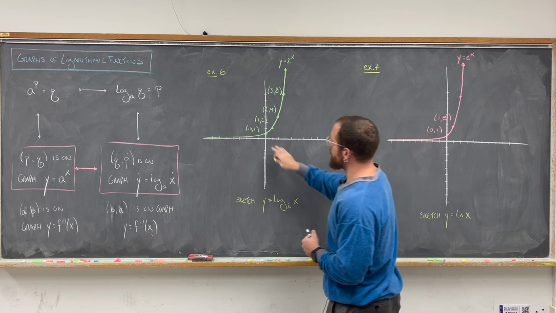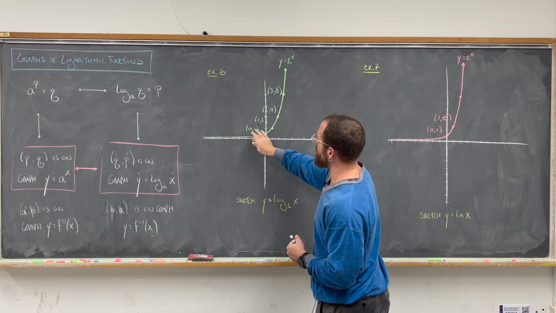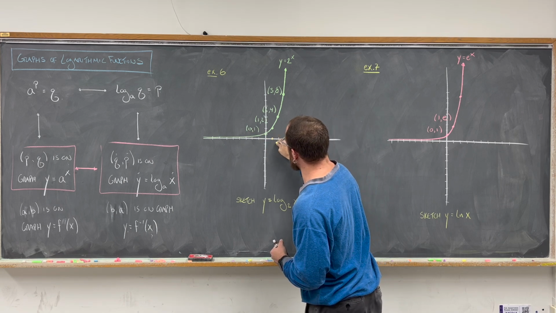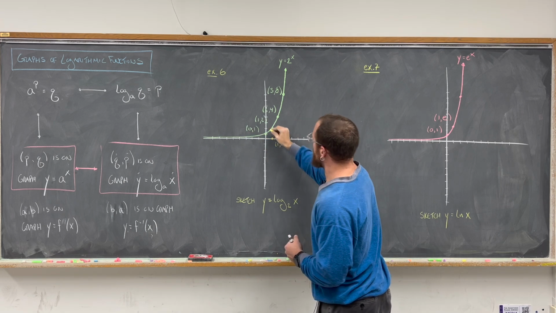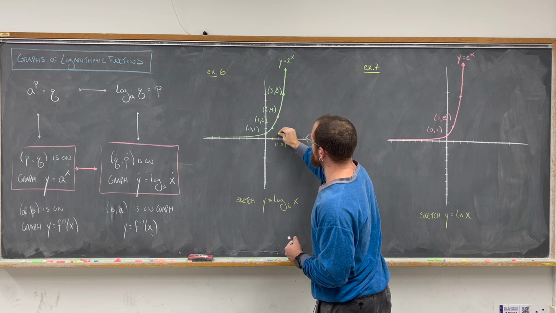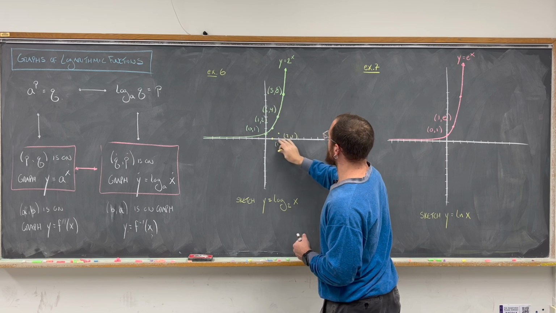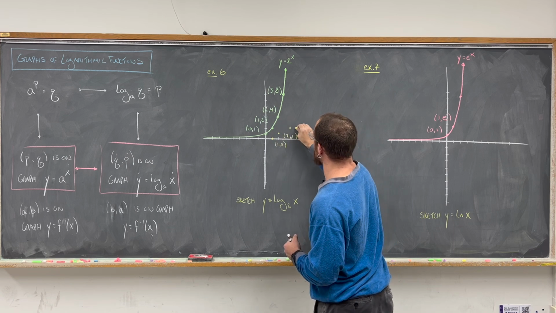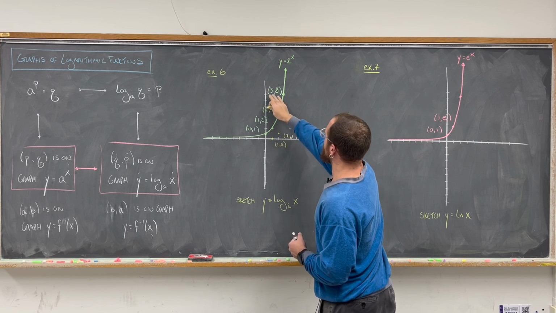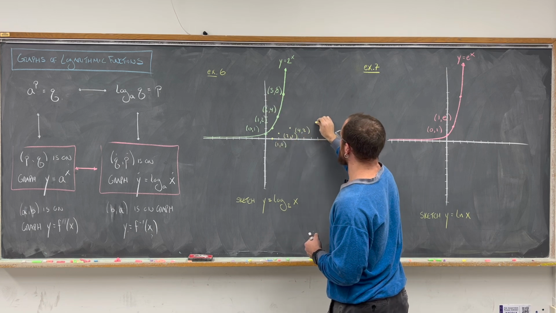So one point at a time, 0, 1 is going to flip to 1, 0. 1, 2 is going to flip to 2, 1. 2, 4 is going to flip to 4, 2. And 3, 8 is going to flip to 8, 3.